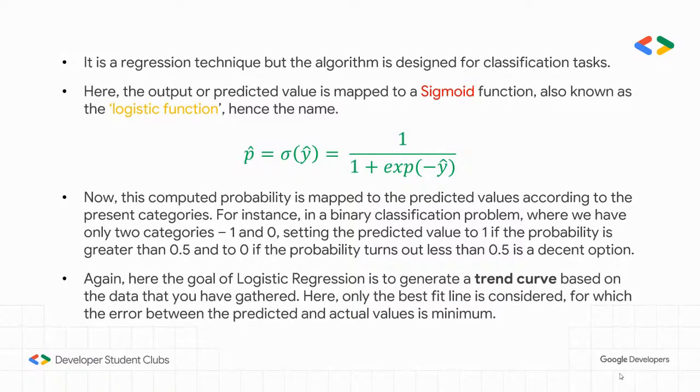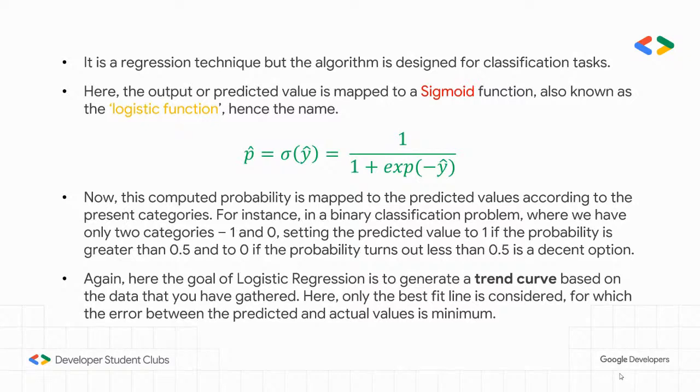Now, for instance, in a binary classification problem, if we have our target variable as 0 and 1, then a probability greater than 0.5 will mean that the predicted class is 1. And if the probability is less than 0.5, that will mean that the predicted class is 0.